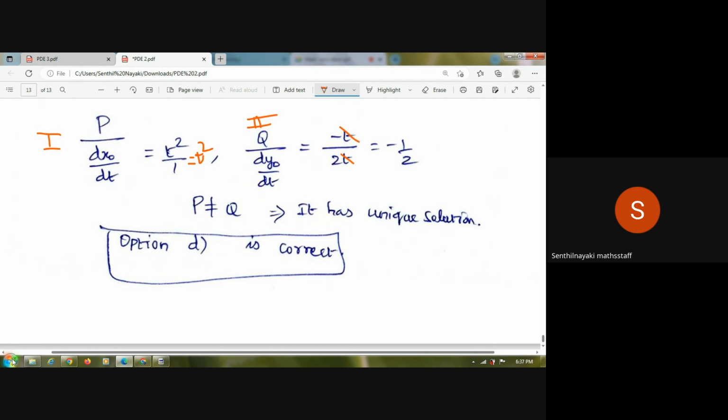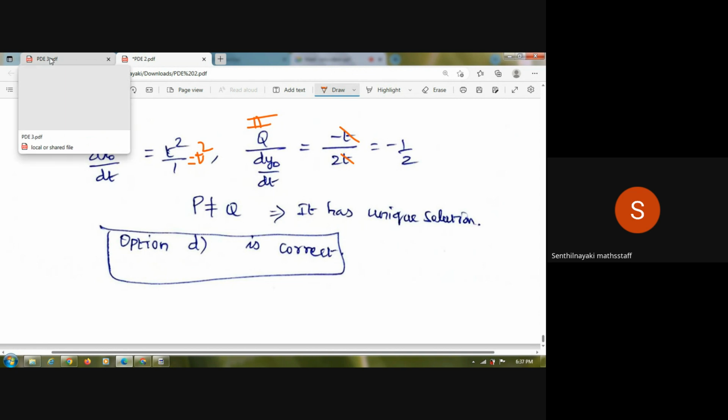The particular cases are the sub cases: function of p comma q, Clairaut's form, function of z, p, q, and f of x comma p equal to function of y comma q. We discussed a few problems of those types.